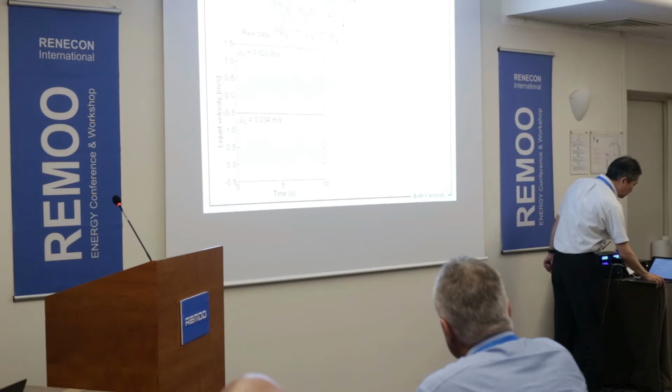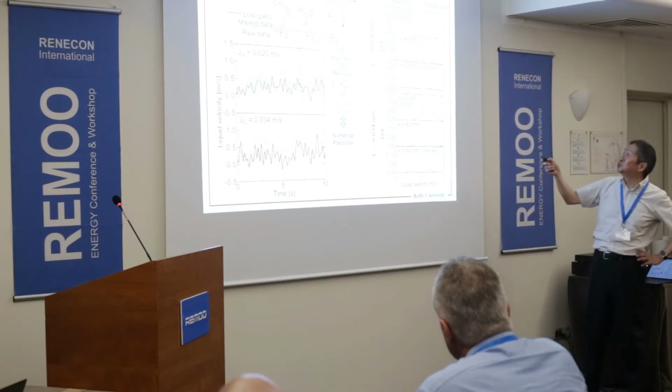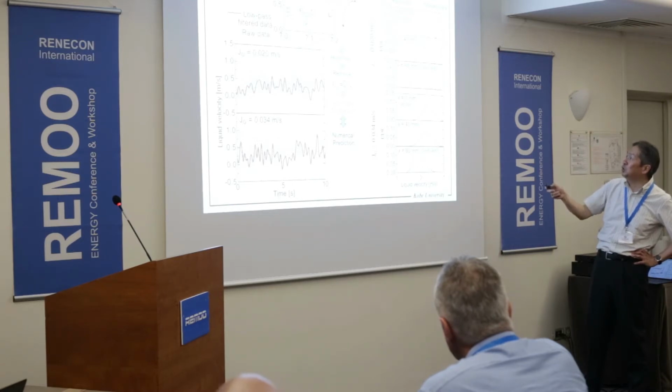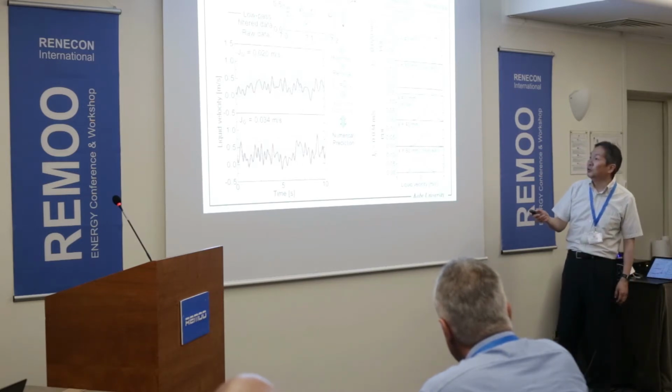And these are the measured velocity fluctuations at certain locations in a column. This is the column center, this is close to the wall, and this is in between. For these three points we obtained the velocity PDF using these raw data, and in order to make a comparison with numerical prediction, we made some filtering and obtained these data.